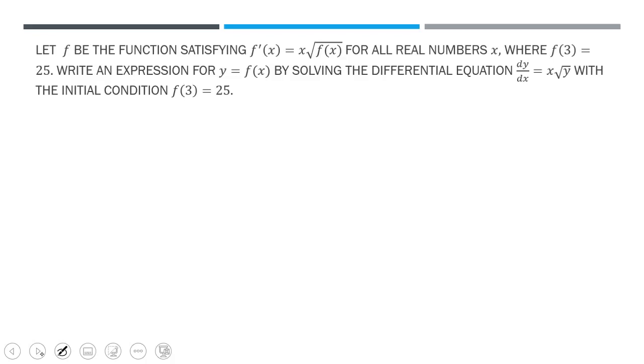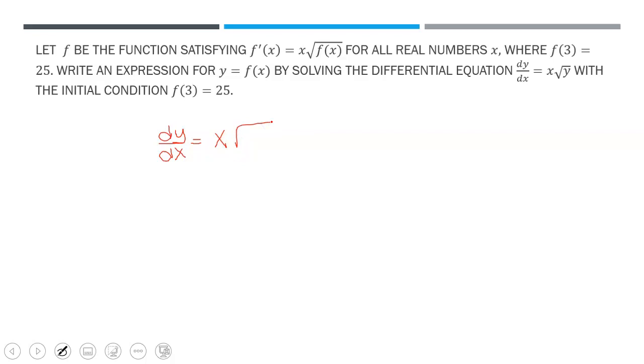Going back to our original warm-up, it said let f be the function satisfying the following. We are given the following. Now we want to work backwards. I want you to take your derivative and find f. So we're going to change f prime to dy dx.